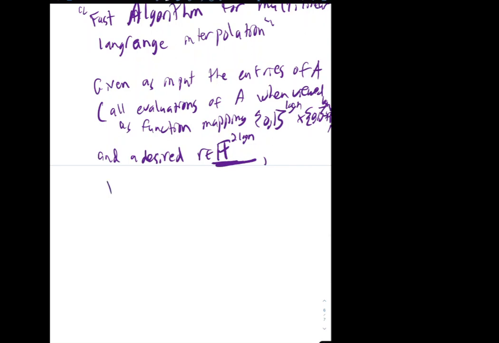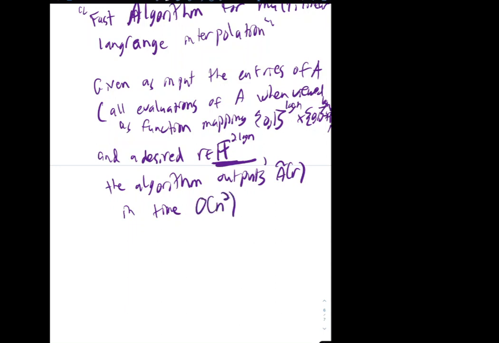The algorithm just evaluates the multilinear extension at the desired point, and it runs in linear time, linear in the number of evaluations, which in this case is n squared.